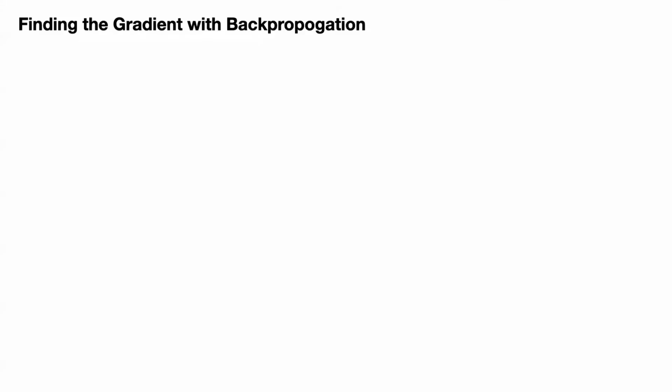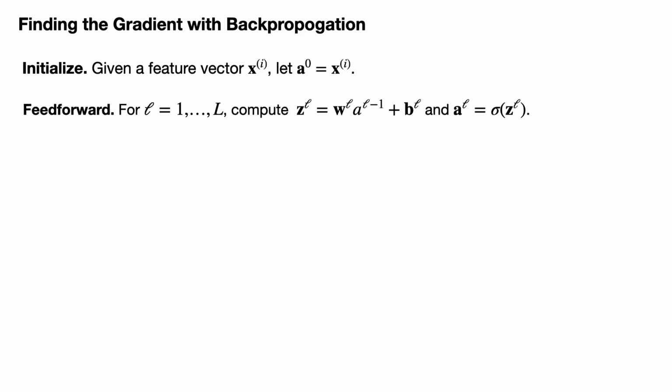Okay, so back to full screen. So how are we going to calculate the gradient now? Given a feature vector, we initialize a knot. We feed forward and compute the pre-activation vectors and post-activation vectors at each layer. We compute the output layer and the output error, and that's easy to do.